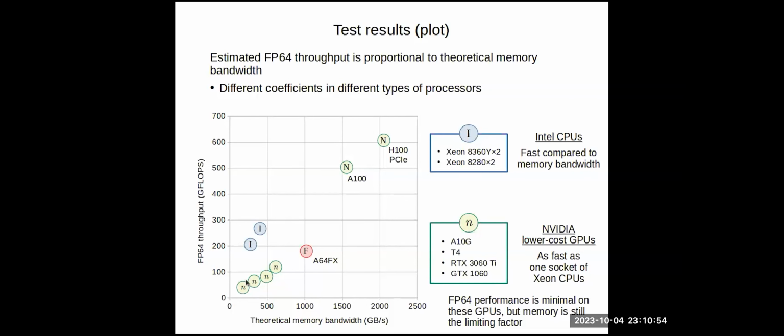On other processors, the performance is proportional to the memory bandwidth, and we can see that NVIDIA's lower cost GPUs perform very reasonably, proportional to the memory bandwidth.